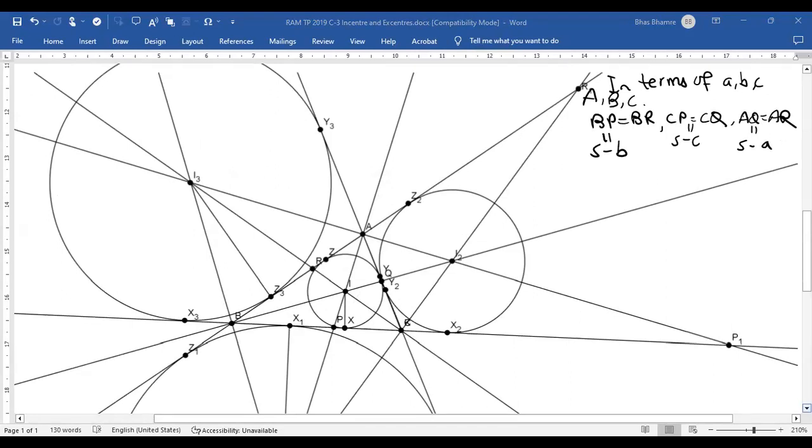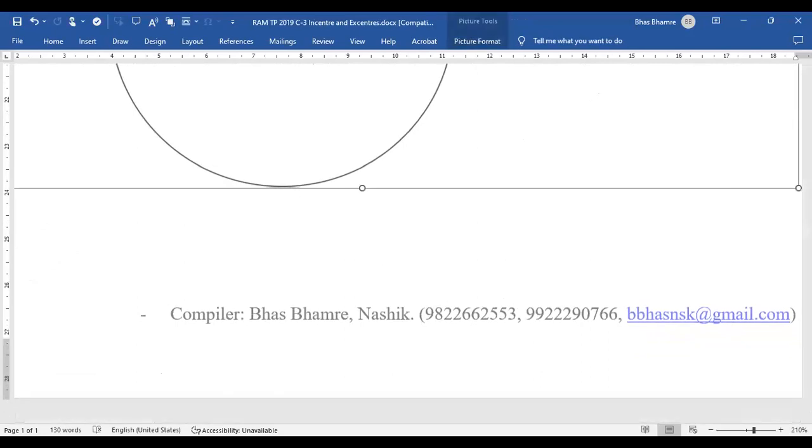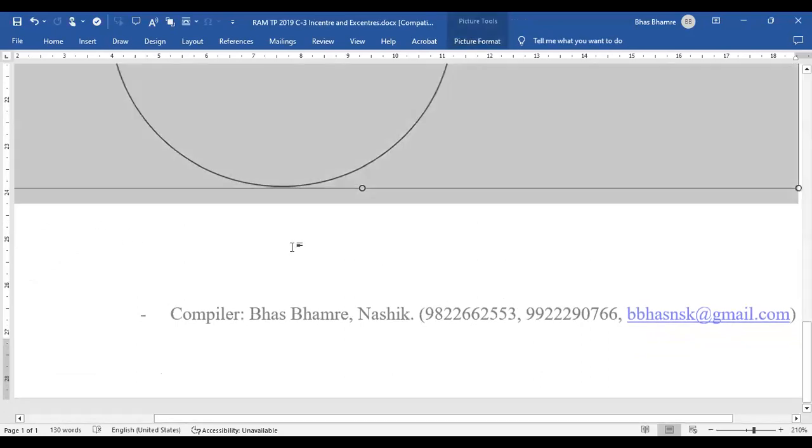Similarly, we have the area of triangle ABC as R into S. Because of this, I recalled one very interesting property, that is the proof of... just a minute.